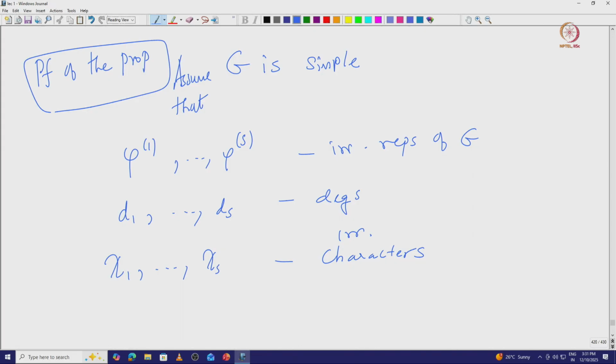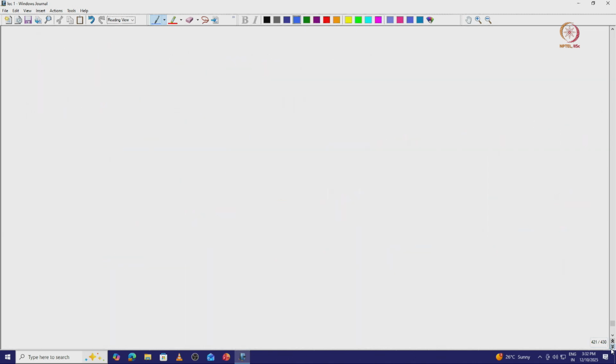Now, we fix phi 1 as before to be the trivial one dimensional representation, in particular d1 is 1. With this notation, since G is simple, we must have the kernel of phi k be trivial for all k greater than 1.